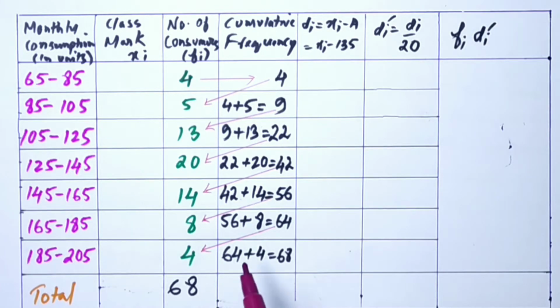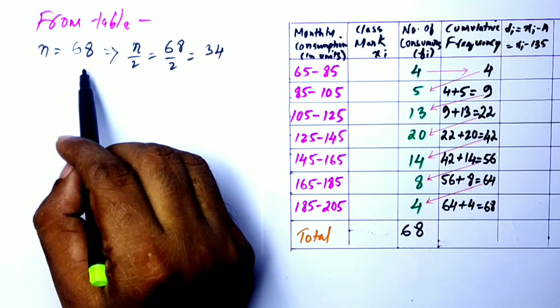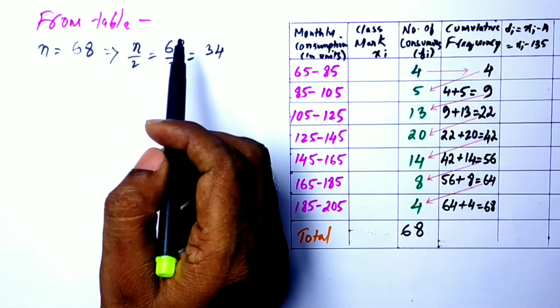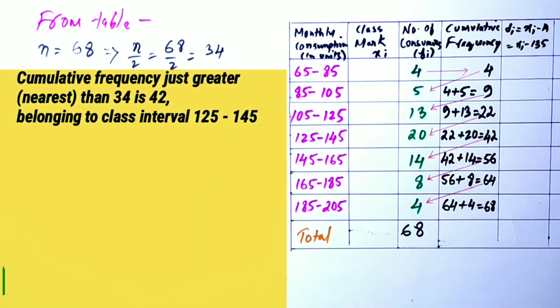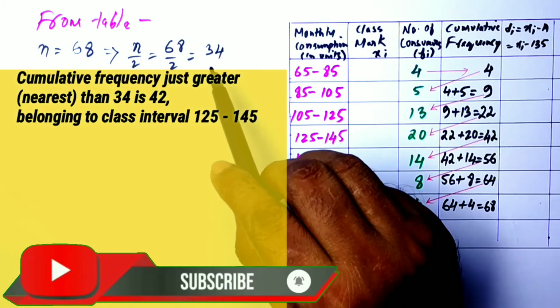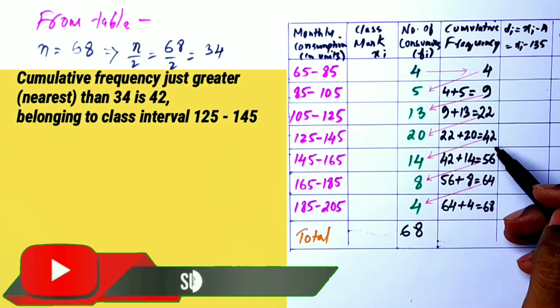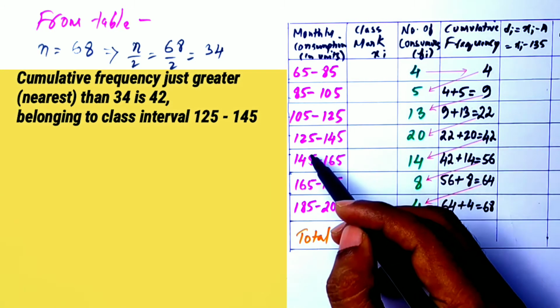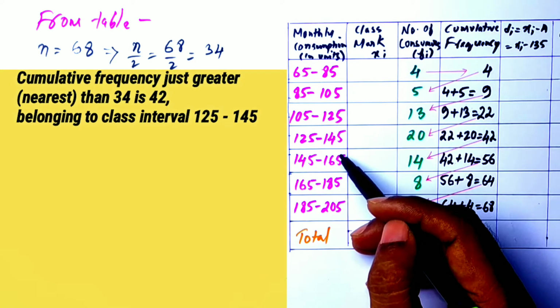So from the table we have n equal to 68, and we found n by 2, which is 34. So the cumulative frequency just greater than 34 is 42, belonging to the interval 125 to 145.